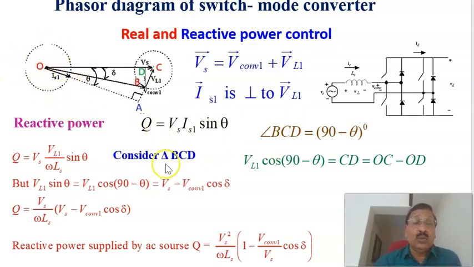Therefore, by controlling the magnitude of the fundamental voltage of converter 1, as well as its phase angle with respect to the grid voltage Vs, we can control the real and reactive power flow between the AC grid and DC source.